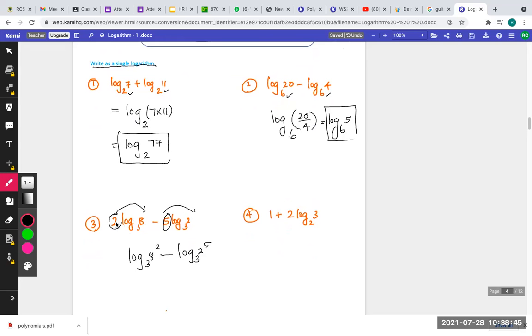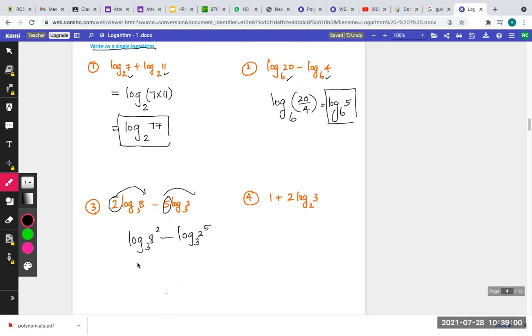You get it, guys? Why are we doing this? Then only I can apply log x minus log y equal to log x by y, right? If there is any number prefix of log, you need to change it by using power rule. Meaning, I can write it as what? Log 8 square divided by 2 to the power 5, because it is subtraction. If you make it as a single one, it becomes division with the base 3, right?